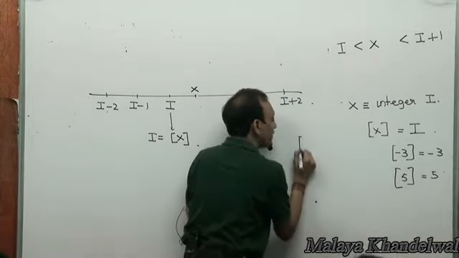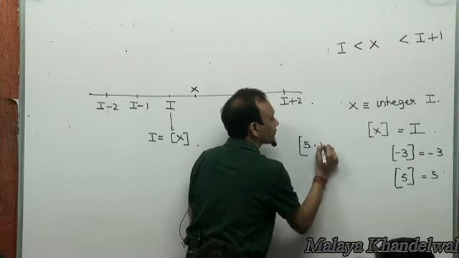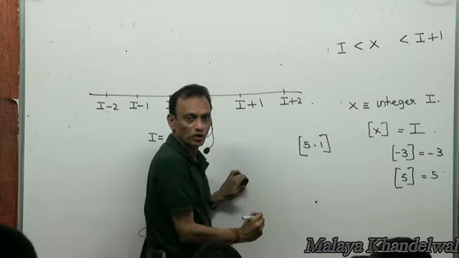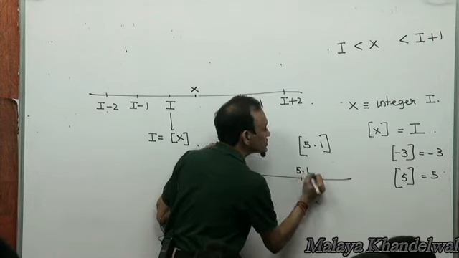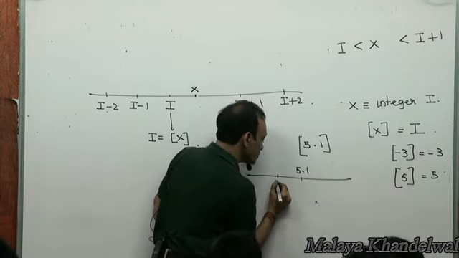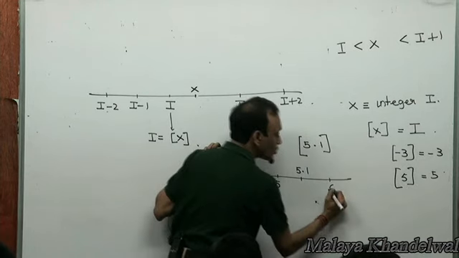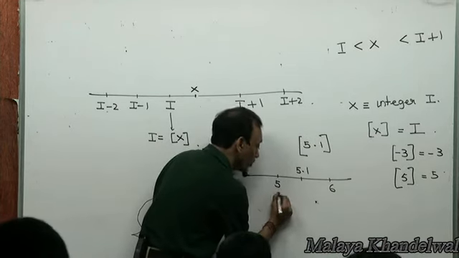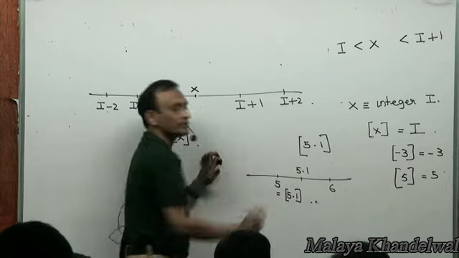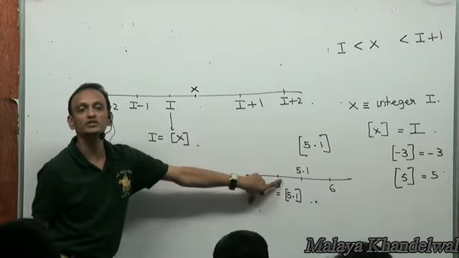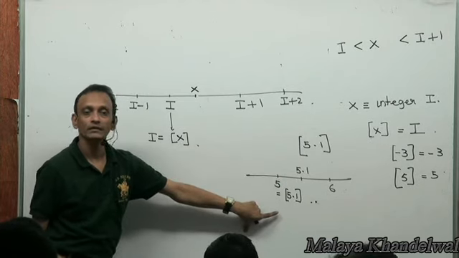But say if x is 5.1, then what are the two integers between which this is sandwiched? 5 and 6. Then this 5 is box of 5.1. The integer to the immediate left of 5.1 would be 5.